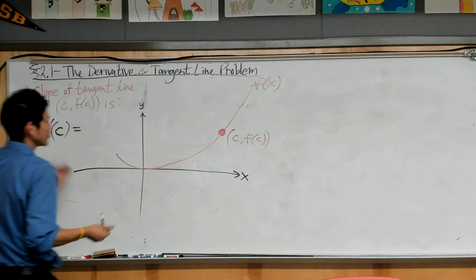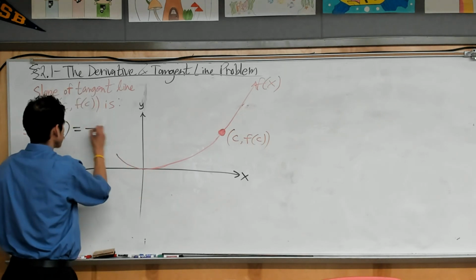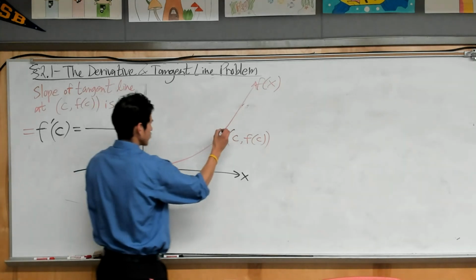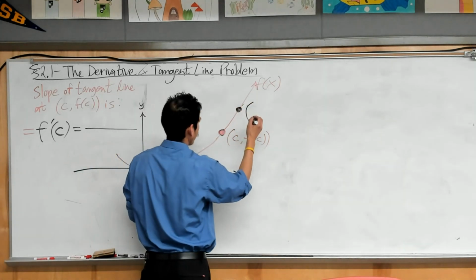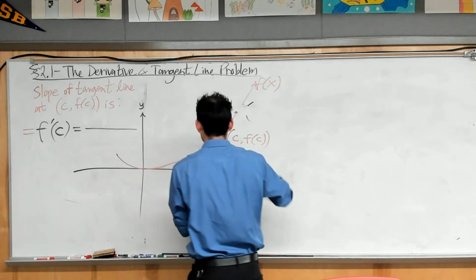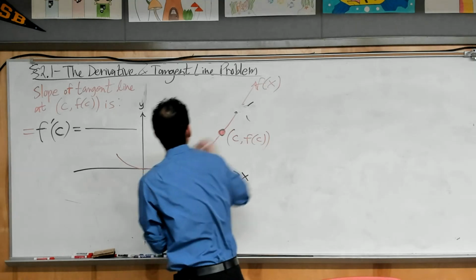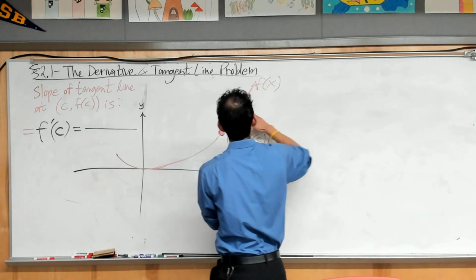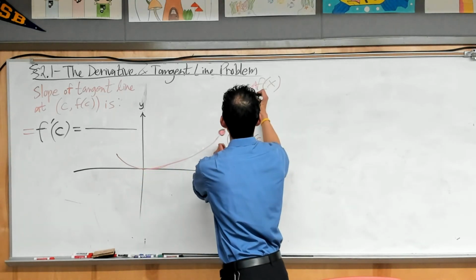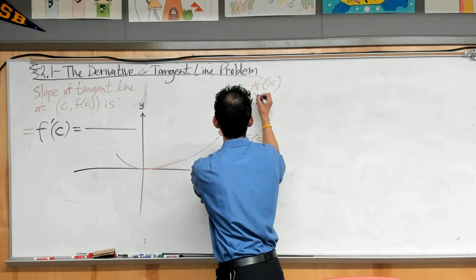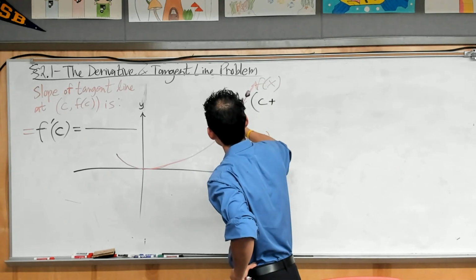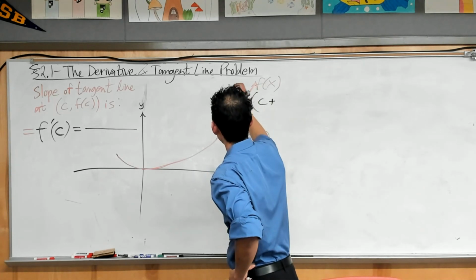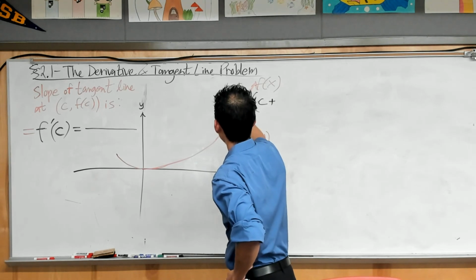This will be equal to, it's still rise over run. So let's pick another point over here. Let's make it a little farther actually so we can see it better. So let's have a point up here. We're going to call this C plus whatever difference we take to go this far, because we're moving a little bit to the right.